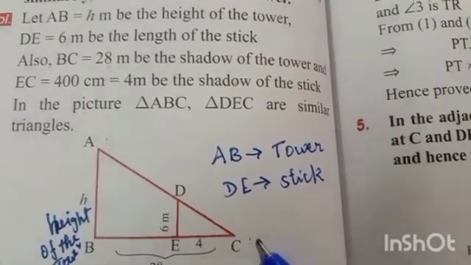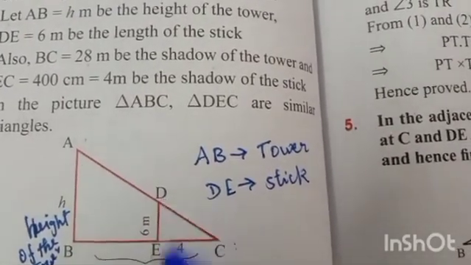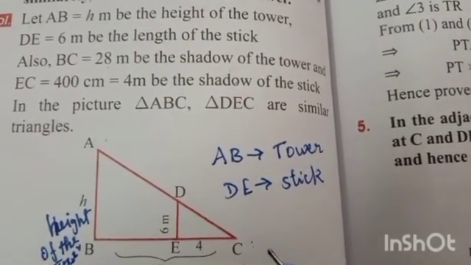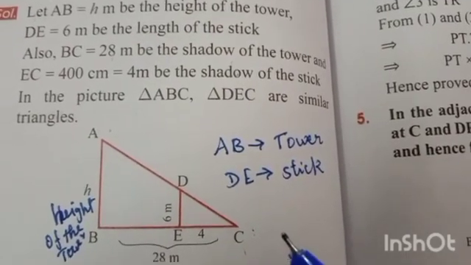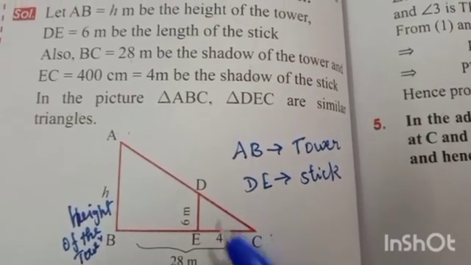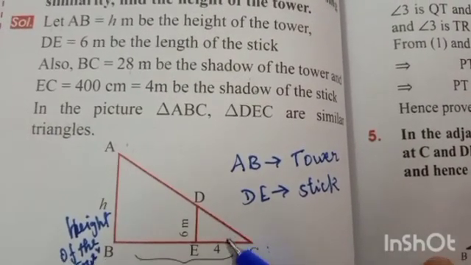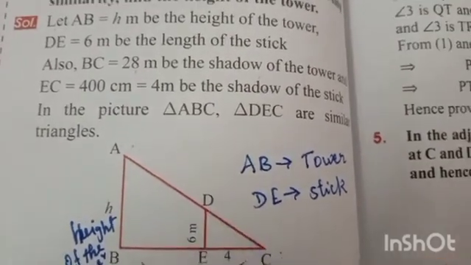We have two triangles, triangle ABC and triangle DEC. We have to apply the similarity rules. When we apply similarity rules, we have to check that they satisfy the AA criteria. Angle C is common for both triangle ABC and triangle DEC.